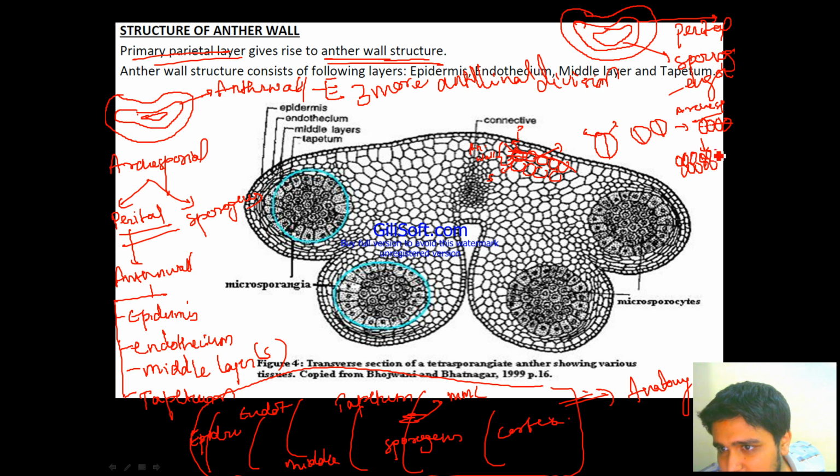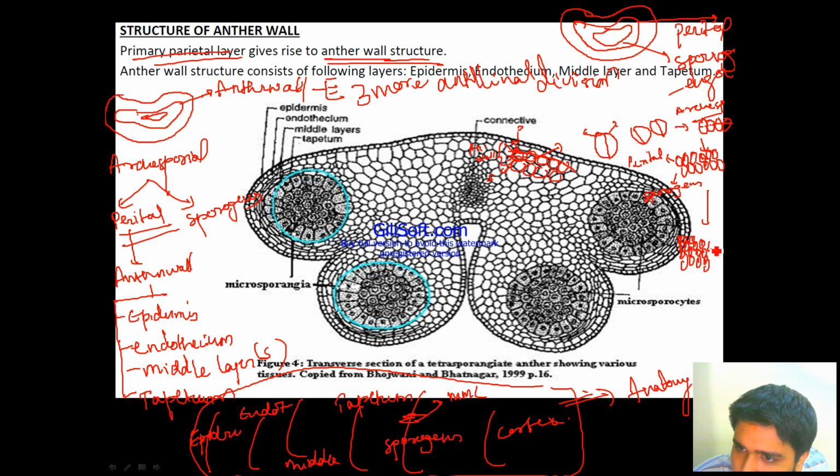Now these 2 differentiated layers are nothing but, one of them is parietal layer and another layer is sporogenous layer. Now the parietal layer will further undergo division to form 4 layers of cells, not exactly 4 layers, 4 or more layers of cell, plus the sporogenous layer.